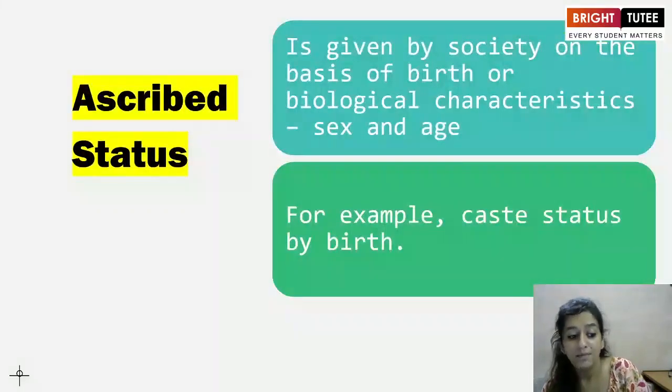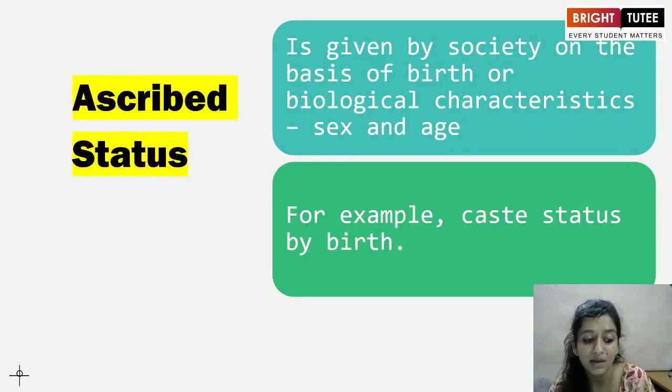Now, talking about two very important types of statuses: one is the ascribed status, and the second is the achieved status. We have talked about ascribed status before as well, when we were talking about caste, and about how there are certain things which you are born into.